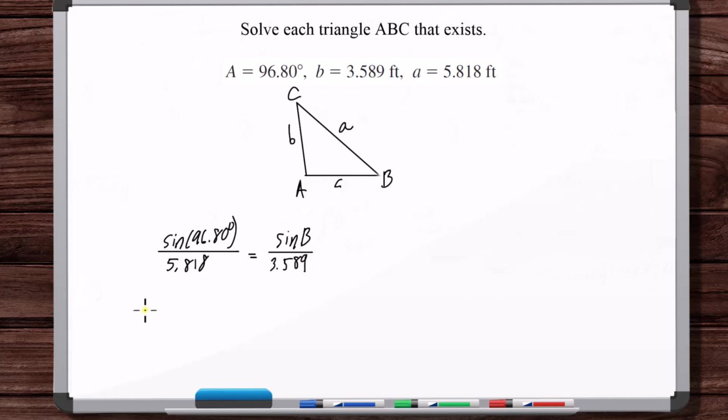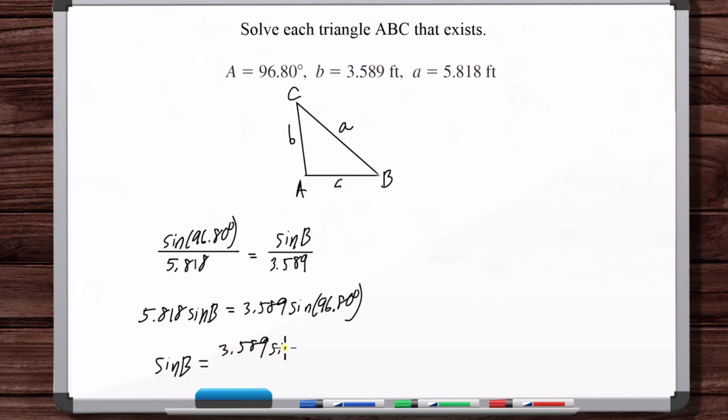Okay, so 5.818 sine of B is equal to 3.589 sine of 96.80 degrees. So sine of B is equal to 3.589 sine of 96.80 degrees over 5.818. So taking the inverse sine of both sides.